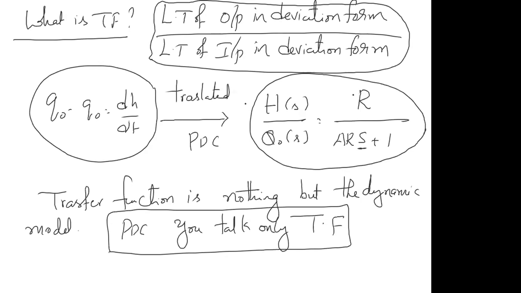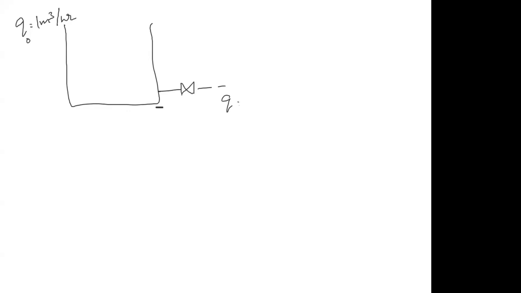Now, let's take the simple example of a liquid level tank. Q is equal to 1 meter cube per hour, and Q naught is equal to 1 meter cube per hour.